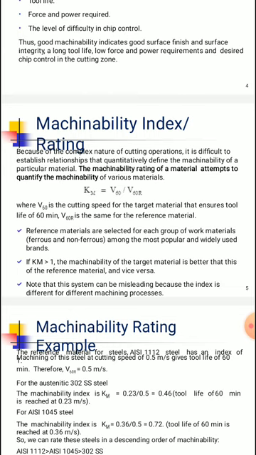So it might mislead the index, because different machining processes quantify different machinability indices.